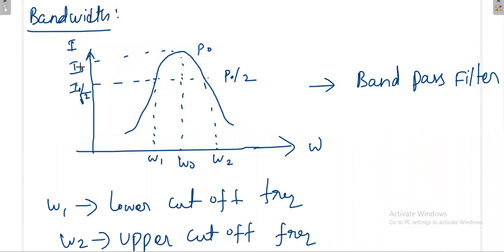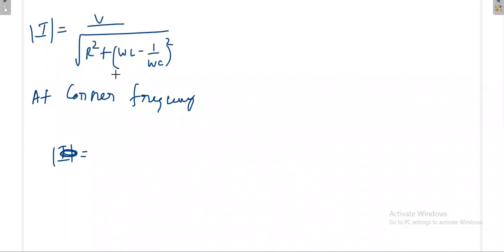The current becomes I₀ divided by root 2, the maximum current becomes 1 by root 2 times. The current becomes 1 by root 2.